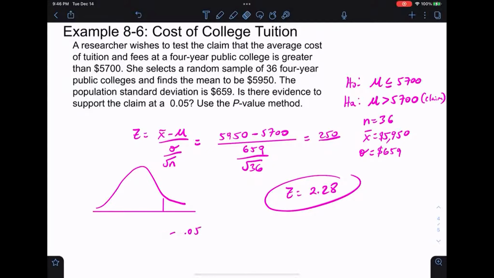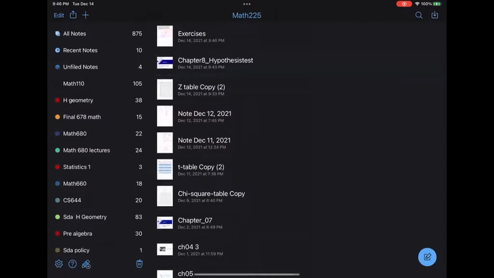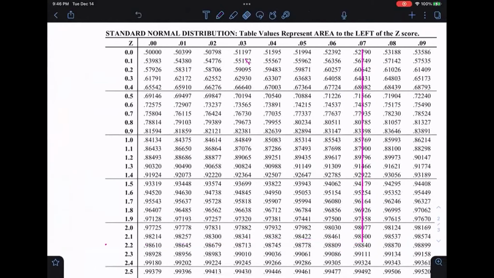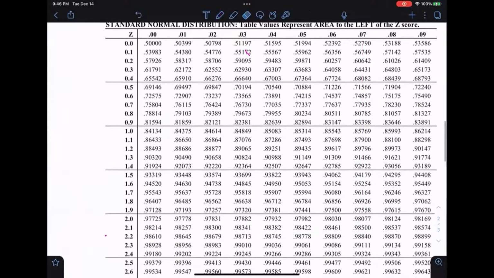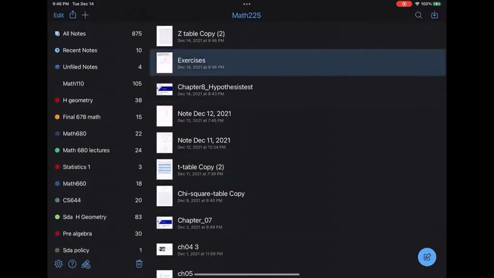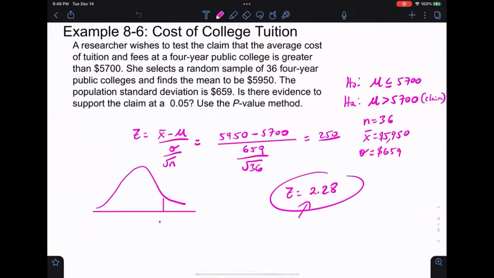But in this method, I need to look for the area of 2.28 in my table. What probability corresponds to this 2.28? If we look at the table, 2.28 is here. I found it. The probability is 0.9887.